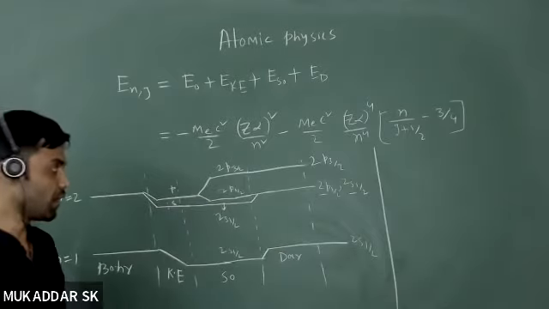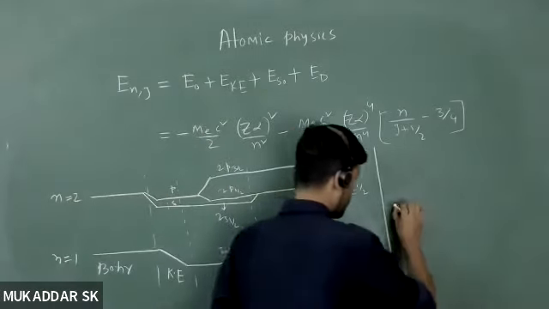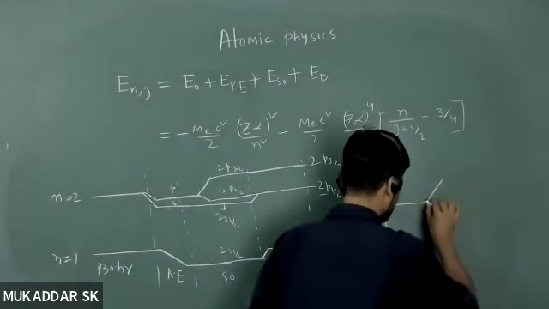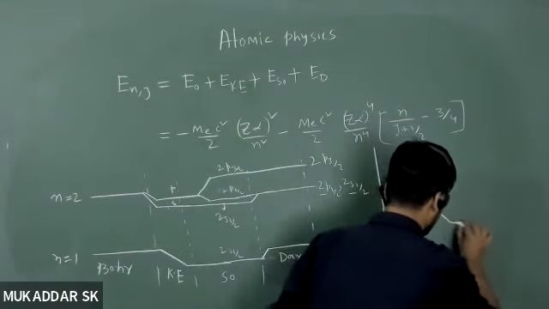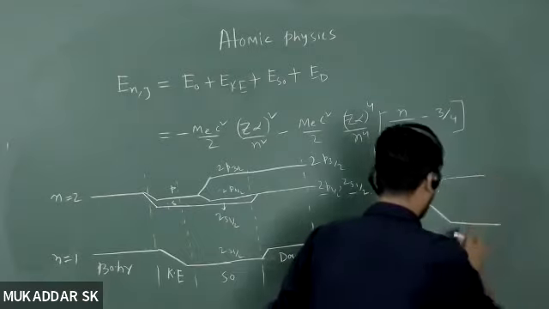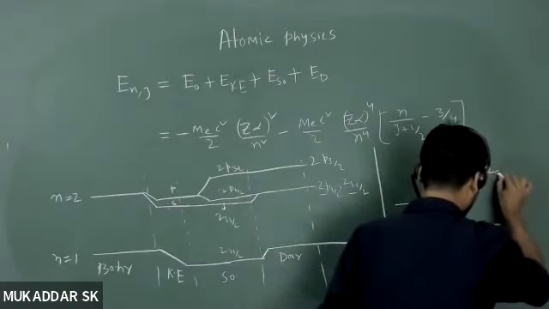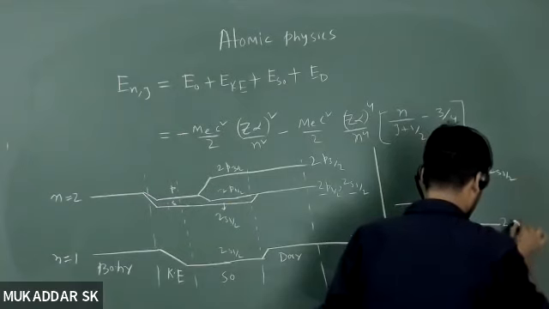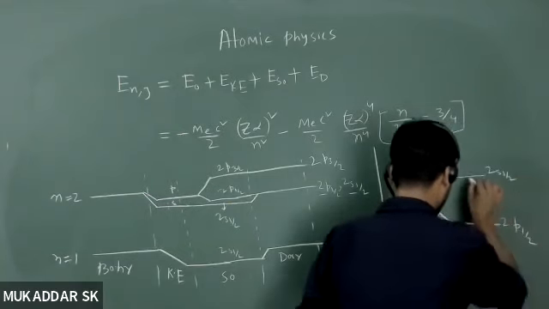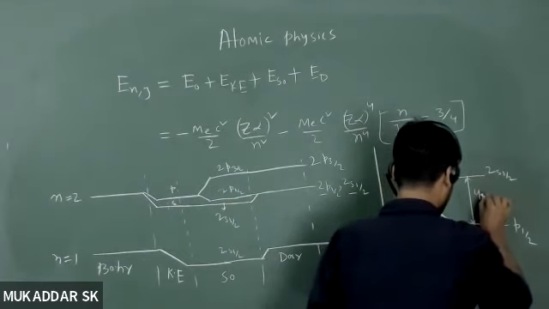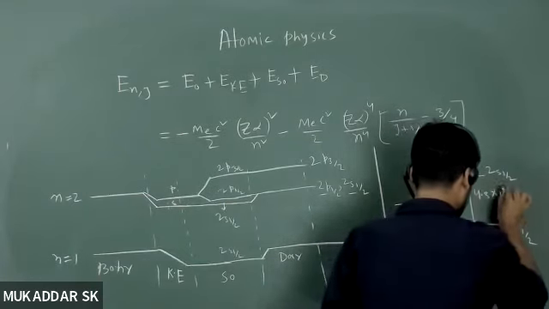He observed a splitting between 2S 1/2 and 2P 1/2. The 2S 1/2 lies at the upward level, and here you have 2P 1/2. And that separation he noticed is around 4.3 times 10 to the power minus 6 electron volt.